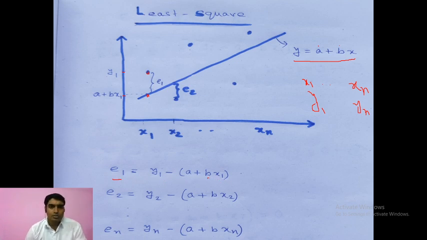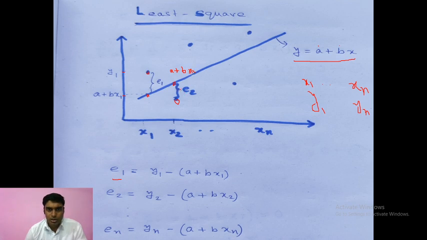Now similarly for the next point, x2, y2. Your x2, y2 point is here, and if you approximate it using the straight line y equal to a plus bx, then the corresponding approximate point will be here, and the value of this point will be a plus bx2.